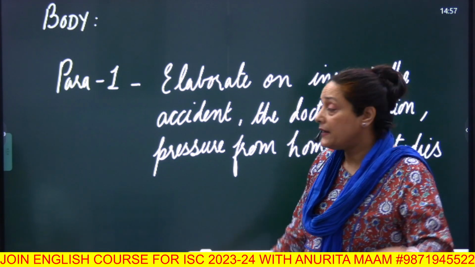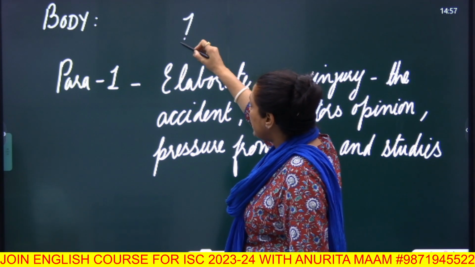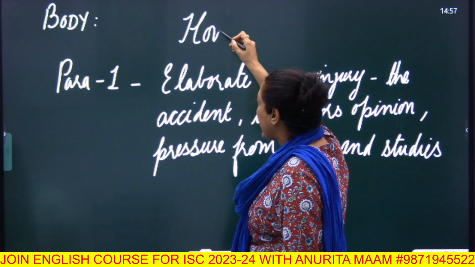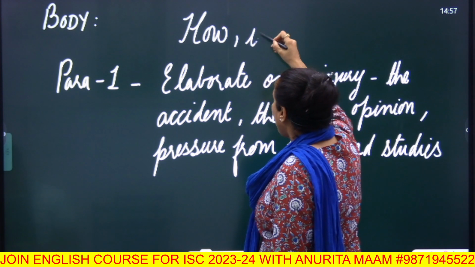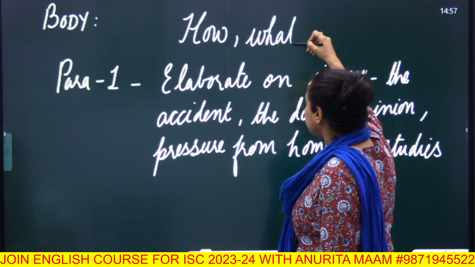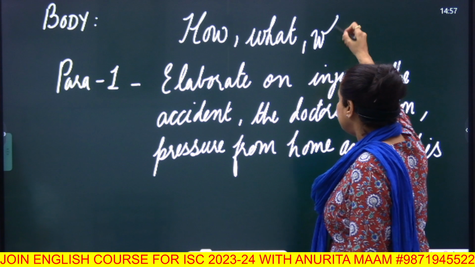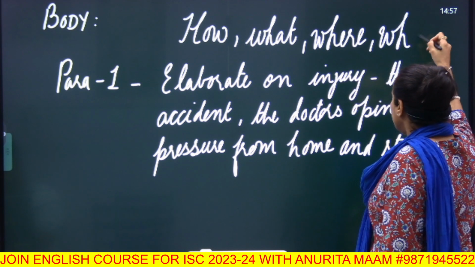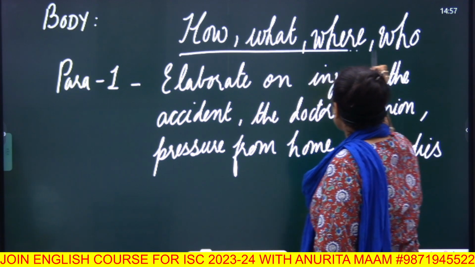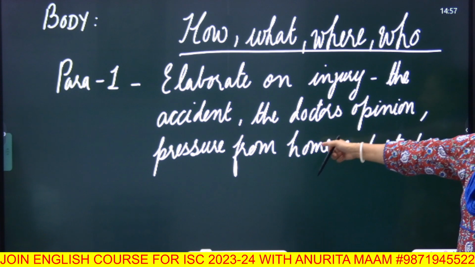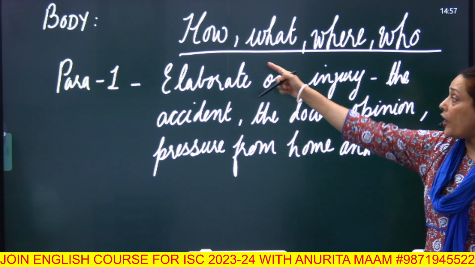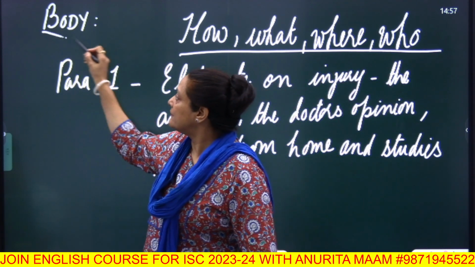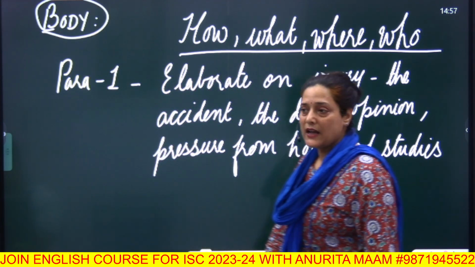Like we had said in the structure, the first paragraph should have the how, what, where, and who. These are the very important questions that the first paragraph of the body should cover.